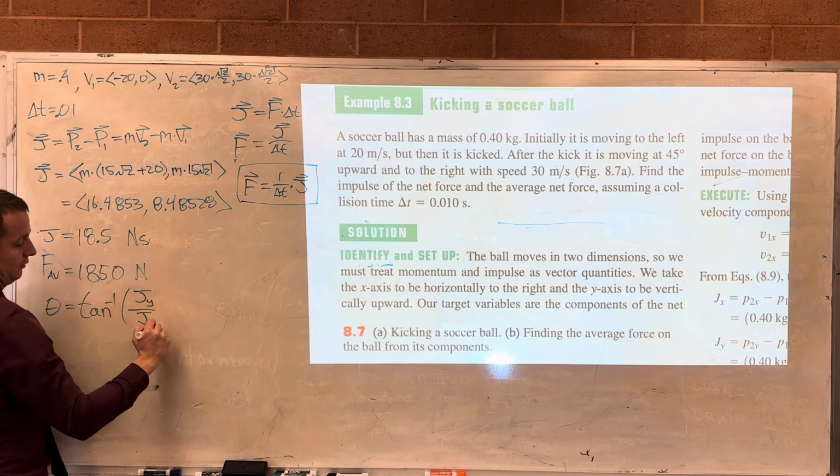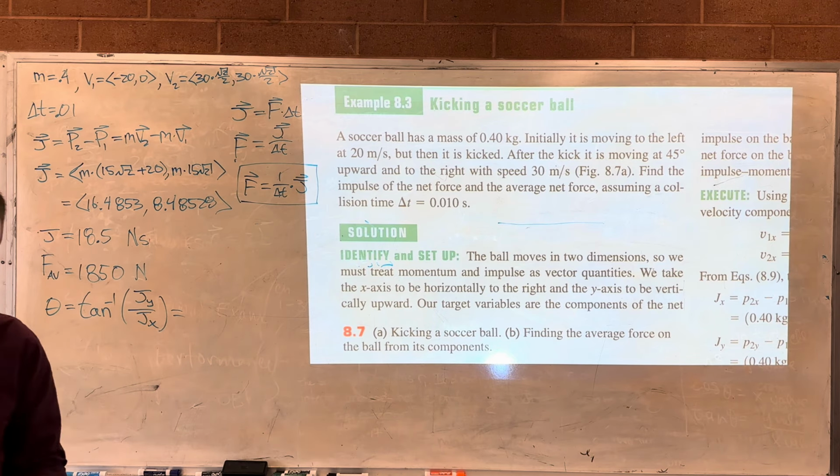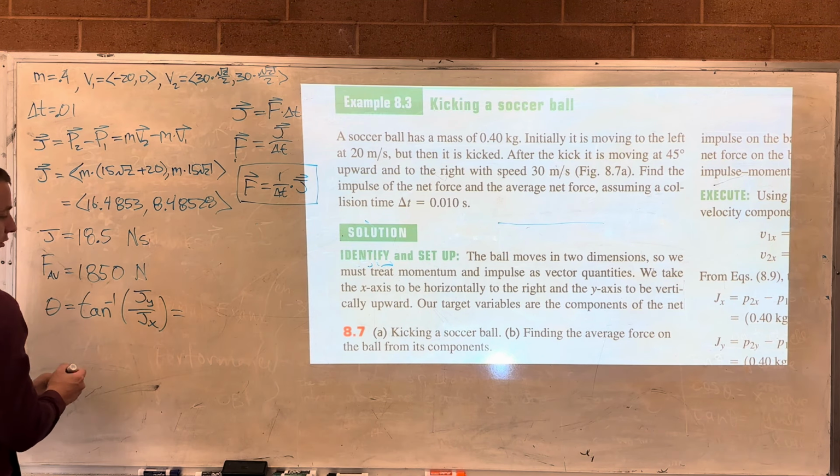And so we do arc tangent of j sub y, oh shoot, that was my j sub x. J sub y divided by j sub x, and it comes out to 27.2 degrees.